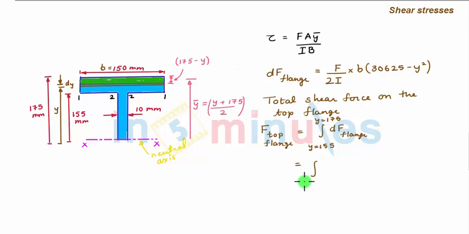So this we could write as F by 2I into b (30625 minus y square).